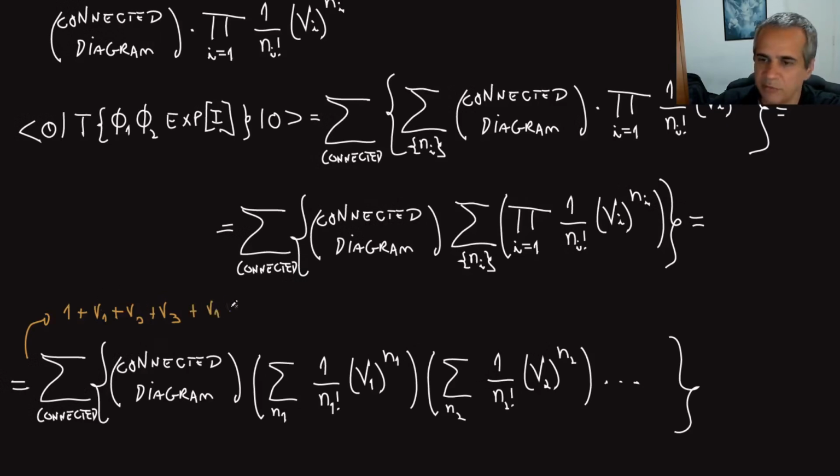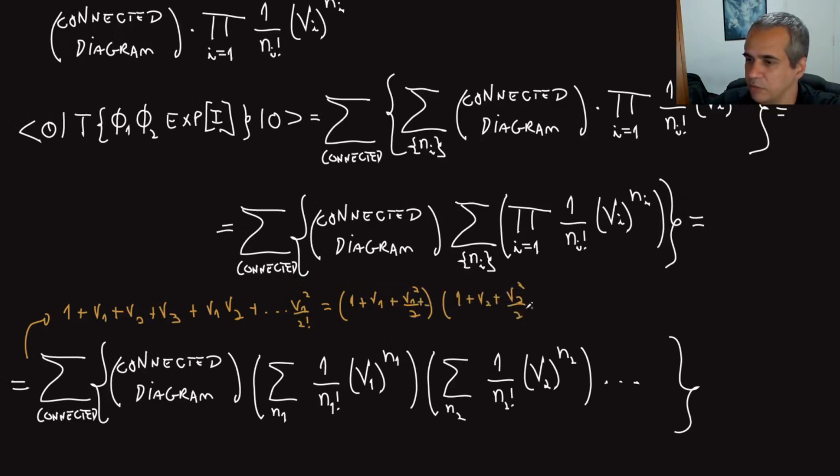Times v1, v2, and so on and so forth, right? v1 squared over 2 factorial, and I'm writing it as 1 plus v1 squared over 2, and so on, 1 plus v2 squared over 2, right? So this product will give me every combination that I have here. So I can rewrite this sum as the product of these sums, right?